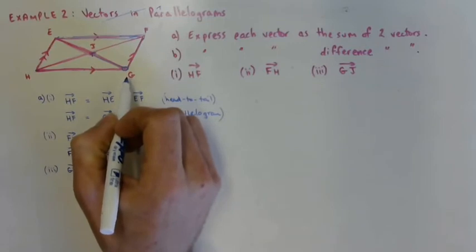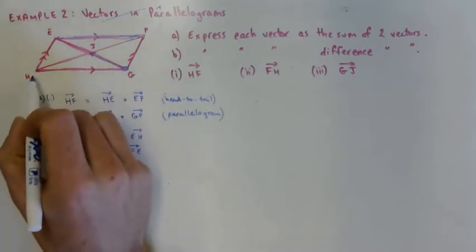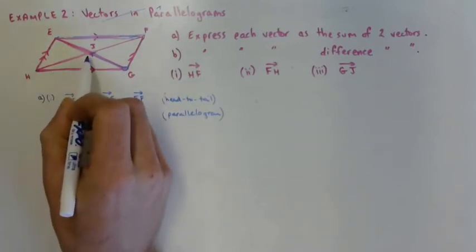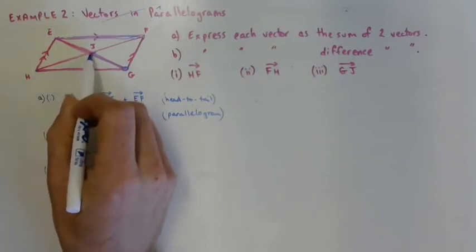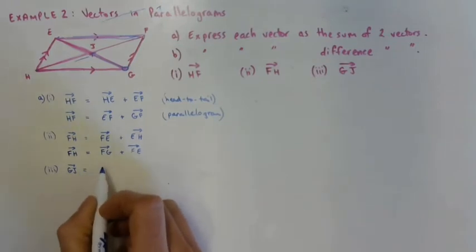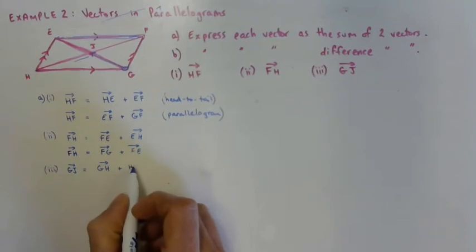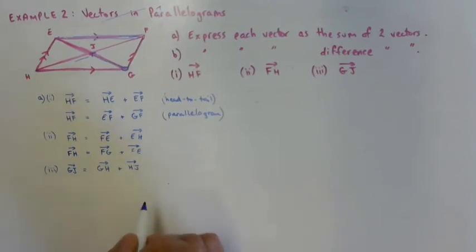So we could add GH to HJ. And you can see how HJ is a vector that works essentially backwards back up to J. So we could say this is starting from G heading to H, and then add H heading to J.